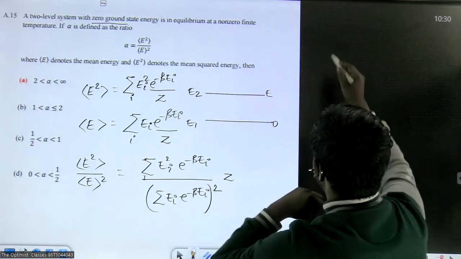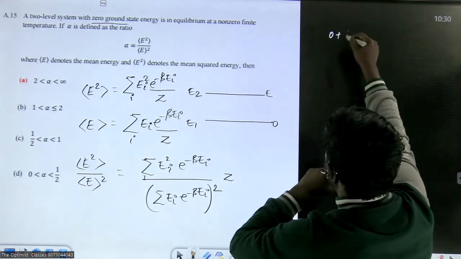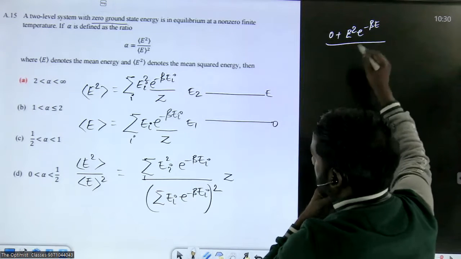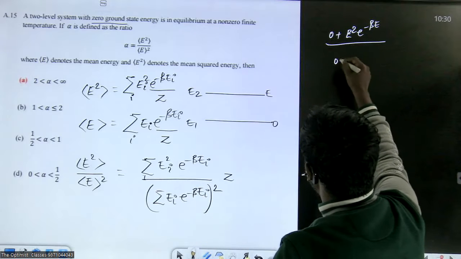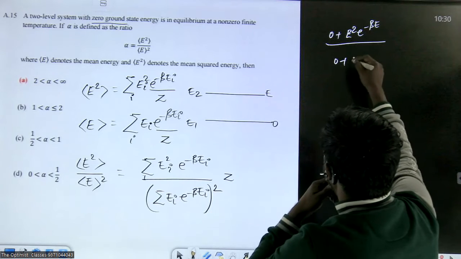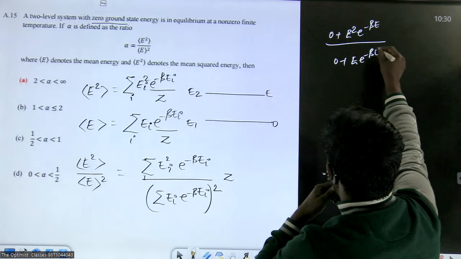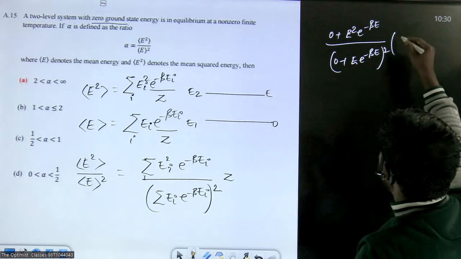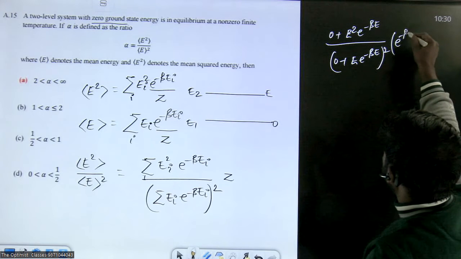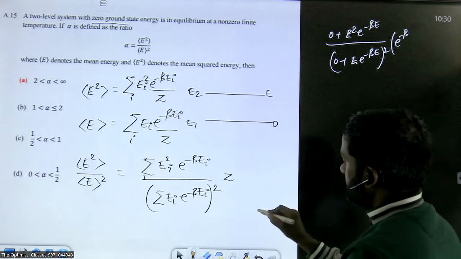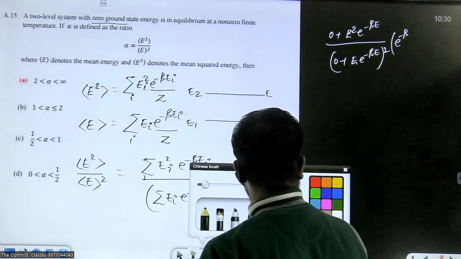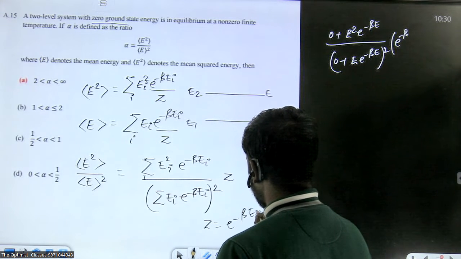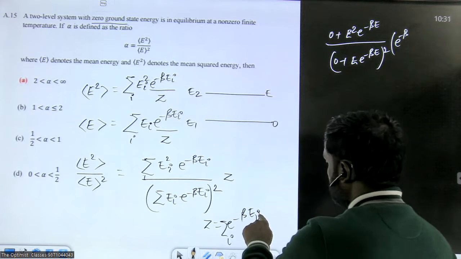So 0 plus, when you write E, you get E square e to the power minus beta E. And in the denominator, you get 0 when you put E equal to 0, plus e to the power minus beta E, whole square, and Z. Z is summation over I of e to the power minus beta E I. When you put 0 here, you get 1.